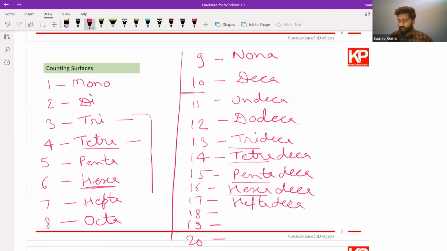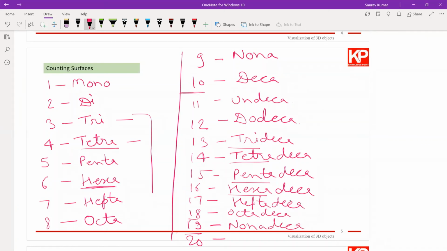Quickly tell me about 18 and 19. Octadeca, and 19 would be nonadeca. Yes, and 20 would be... it won't be deca.